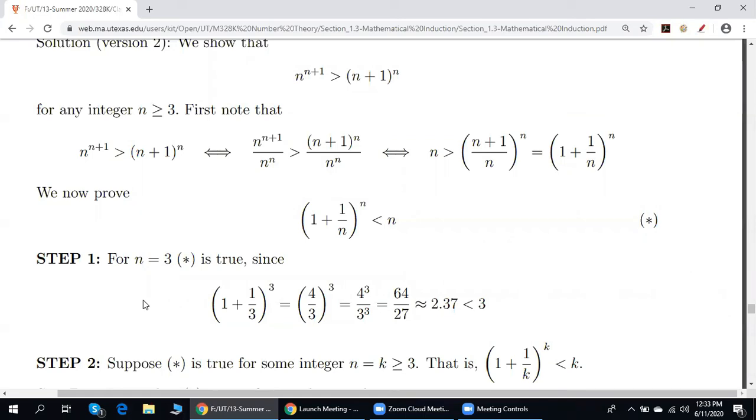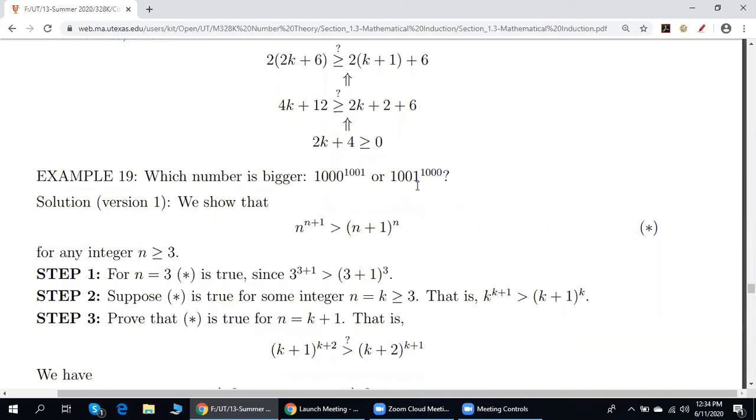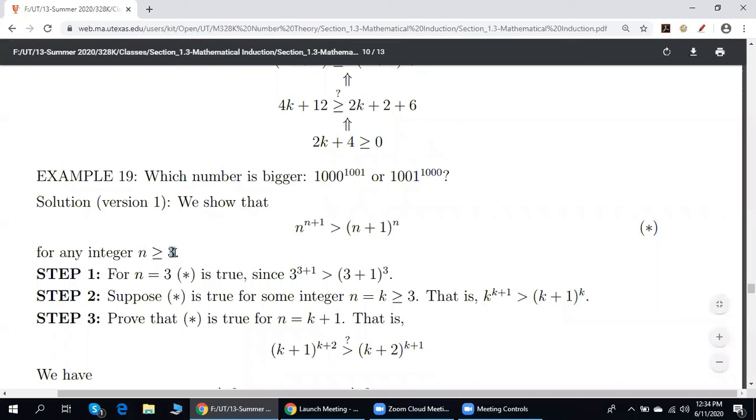Can't we just pick a number that's smaller than 1,000 and 1,001 and use that as our smallest case? Oh, yes. So you can use here any number which is greater or equal to 3.